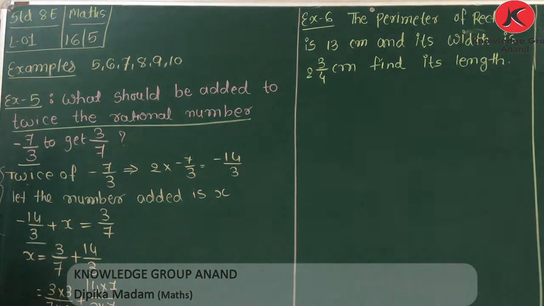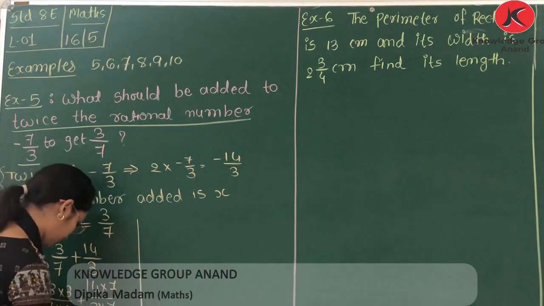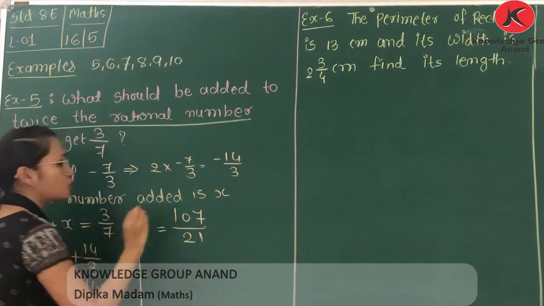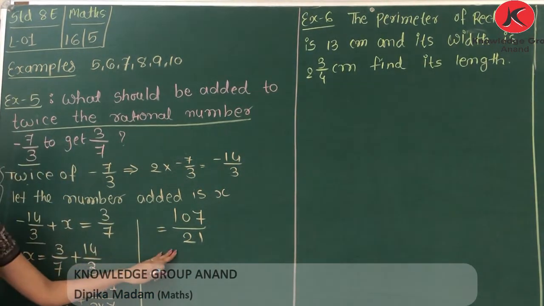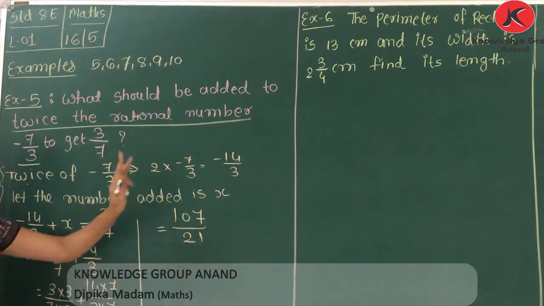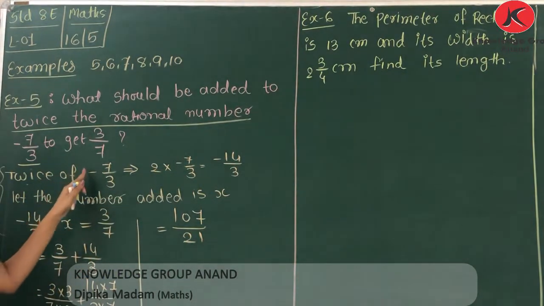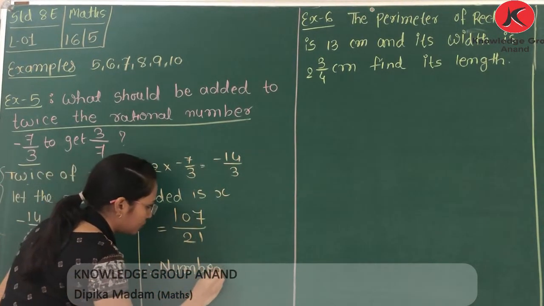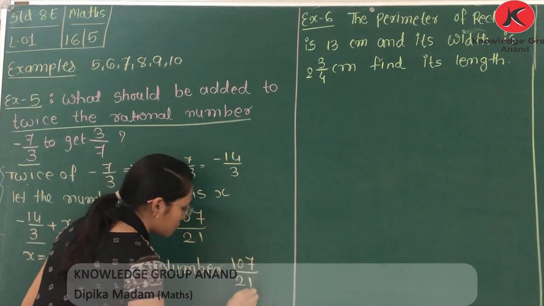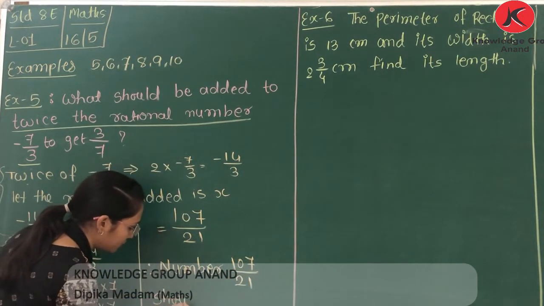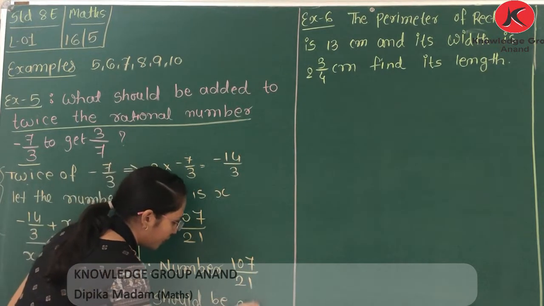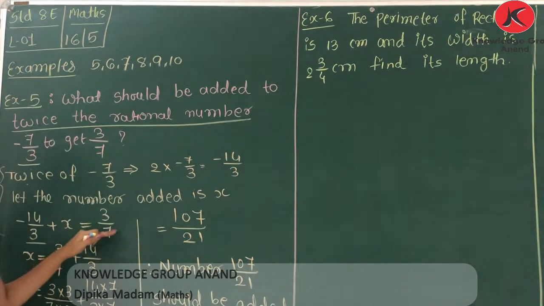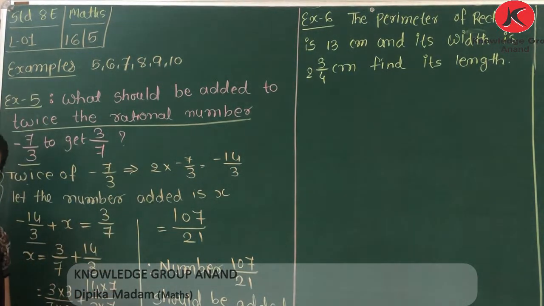Now add the numbers. So this is the number that is added to twice of -7/3 to get 3/7. So 107/21 should be added. Clear? First of all you need to make the equation and then solve as we do in a simple equation.